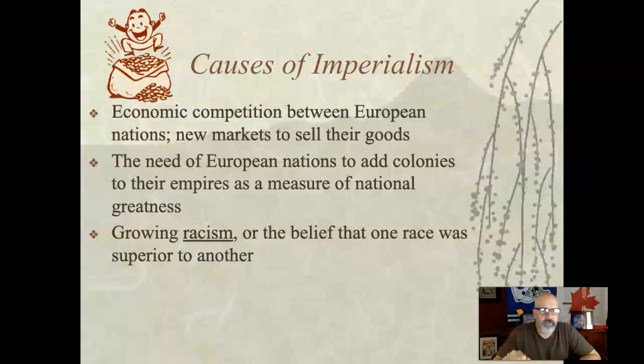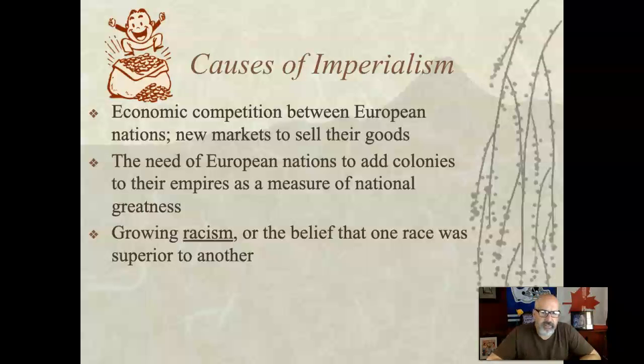There's all sorts of what we call pseudoscience now, back then, that look at essentially what are the different characteristics between the races, and the Europeans essentially come up with a theory that the superior, the best race to have been established is the white European race, and that other races were inferior.